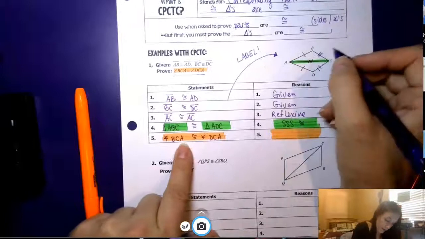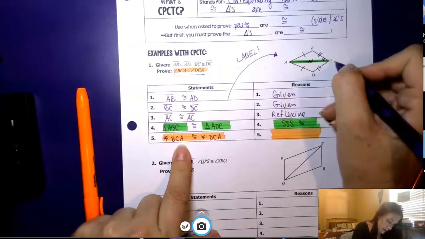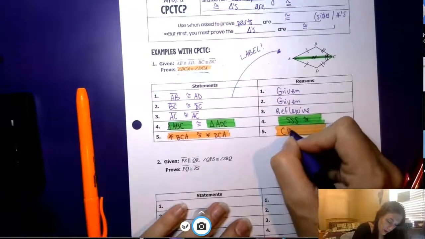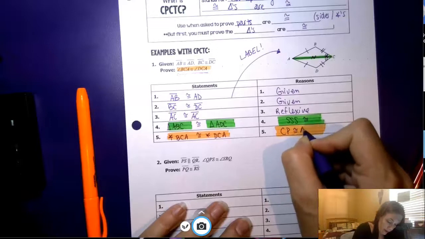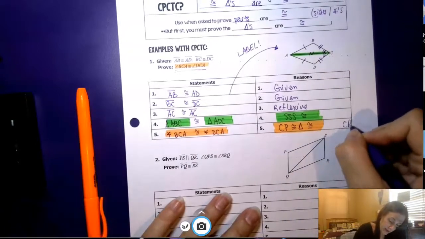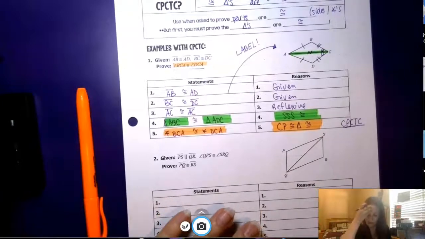I know that every part has to be congruent as well. Every corresponding part of congruent triangles are congruent. You can also put CPCTC. That's how you would most likely see it in a multiple choice test.